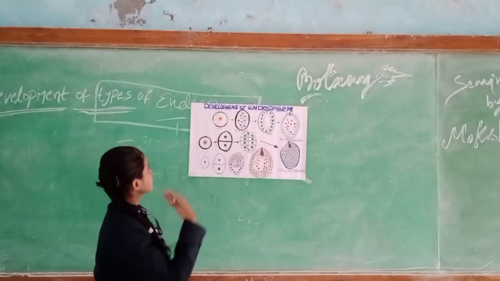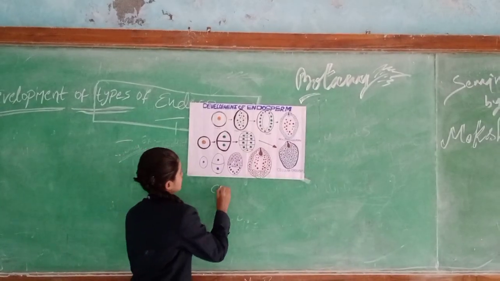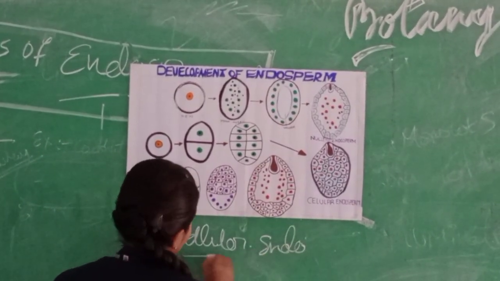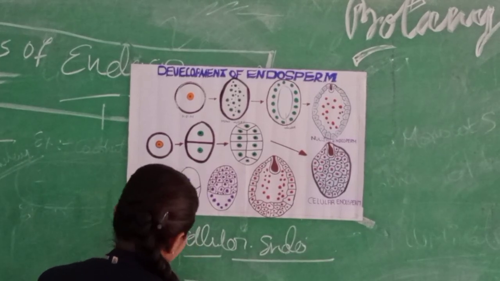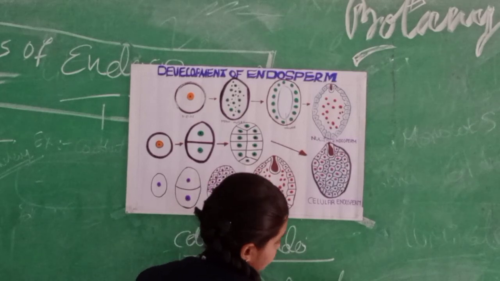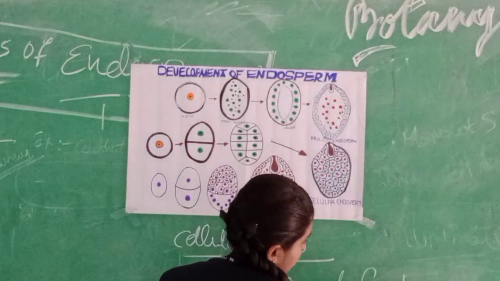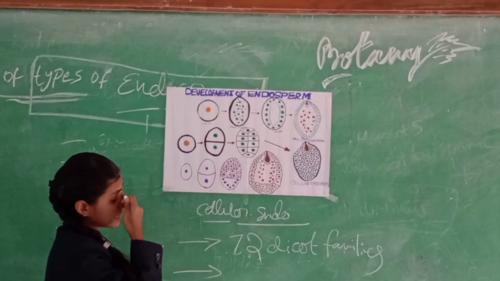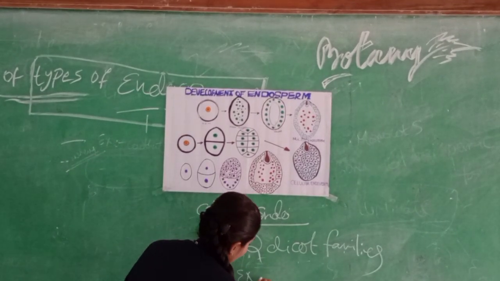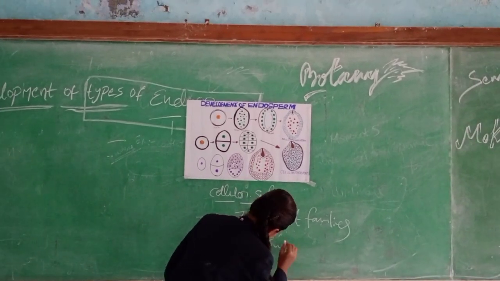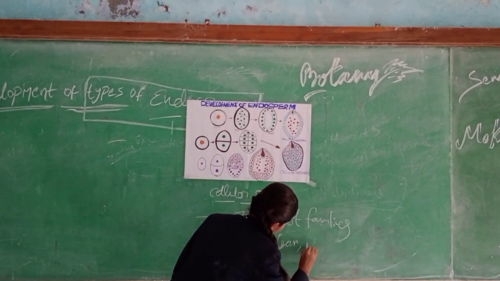Next to nuclear type, there is cellular endosperm. This type is majorly found in nearly 72 dicot families. The best examples for cellular endosperm are balsam and petunia.